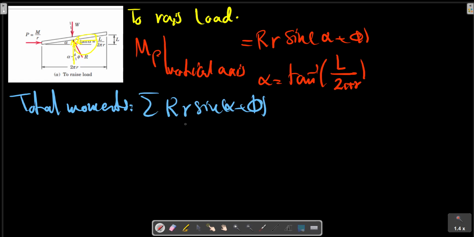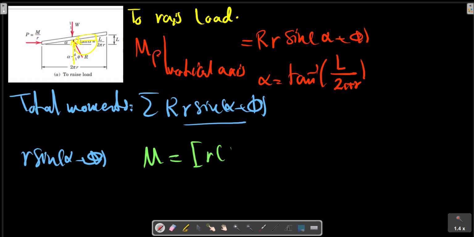Since R appears in each term, we may factor it out. The moment equilibrium equation for the screw can be obtained as a result: M equals sigma R.